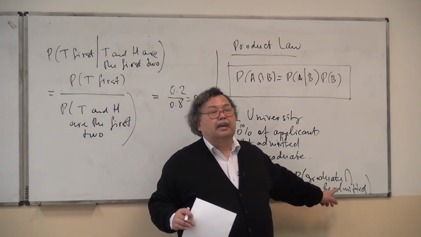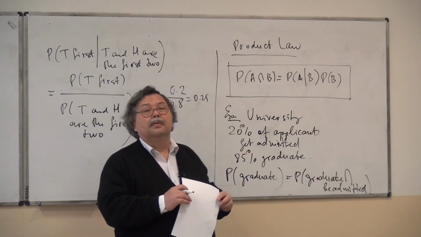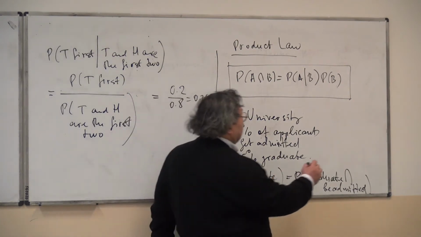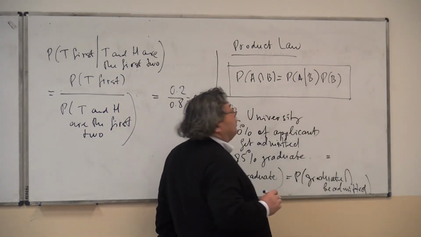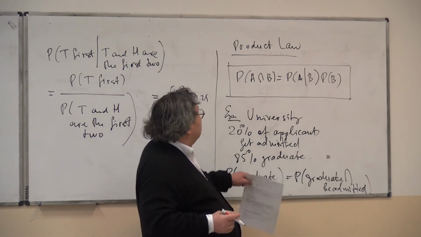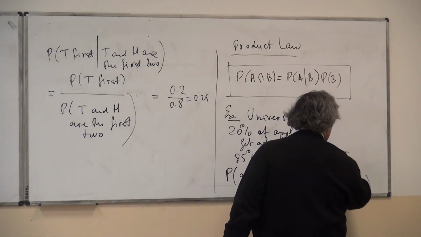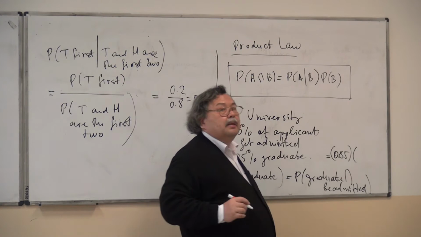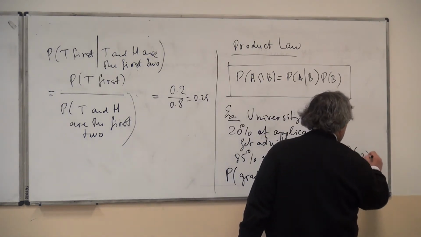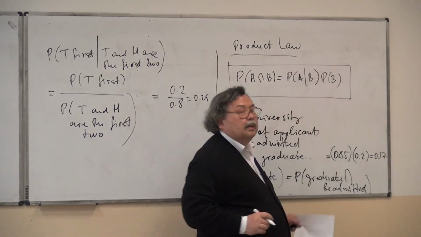But because we write it this way, we can use this formula now, the formula for the intersection of two events. And we write it this way: the probability of graduating given that you are admitted, which is given as 85%, okay, and it must be multiplied by the probability of being admitted, which is 0.2, and this is what we get as a result.